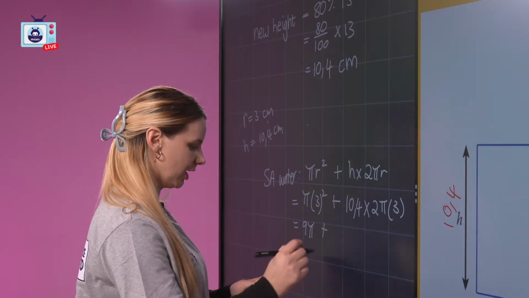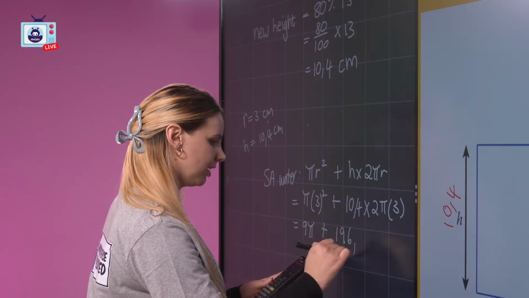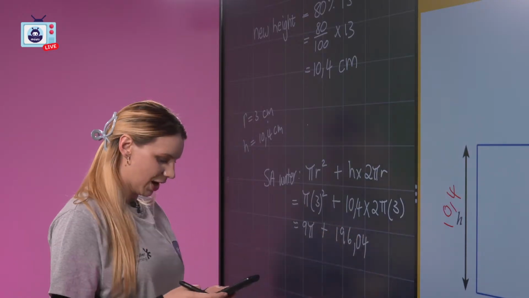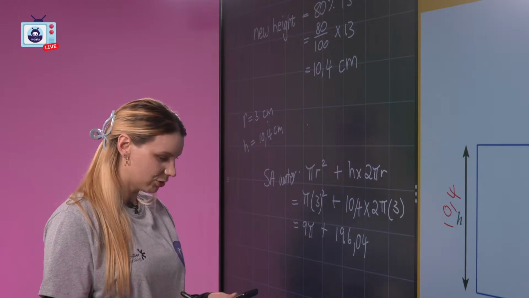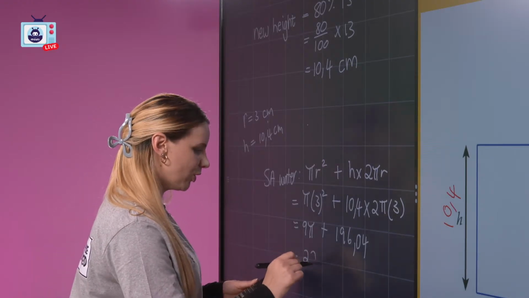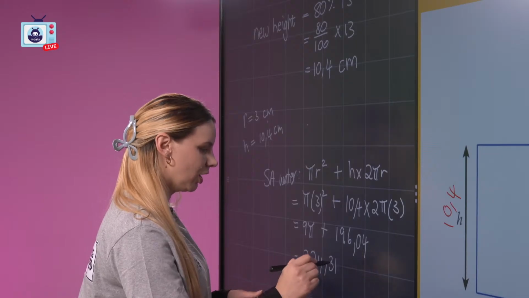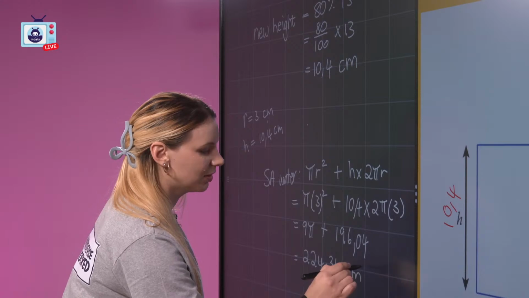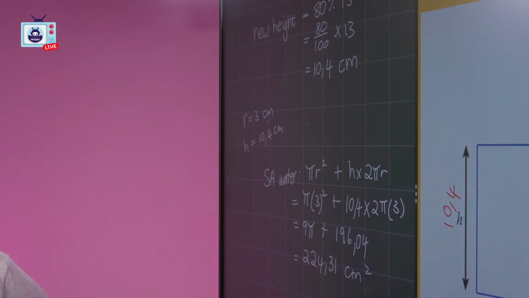And on this side, I have 196,04 and 9 pi. So I'm going to add 9 pi to that. And so my final answer is 224,31. And because it is surface area, it is centimeters squared. Okay.